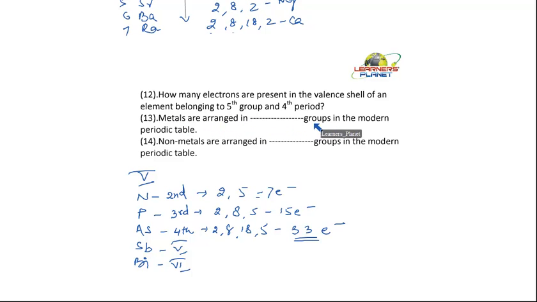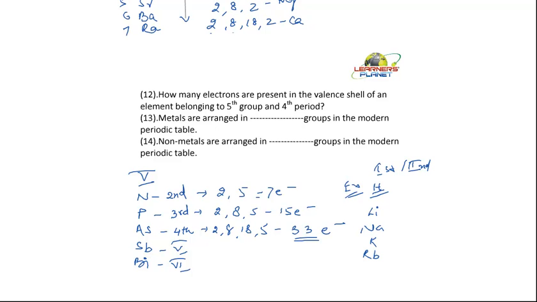Now here our next question is, metals are arranged in dash groups in the modern periodic table. Where are the metals arranged? They are arranged in the first and the second groups. So what are the elements here? In the first group, hydrogen is a non-metal, which is an exception. Remember, this is an exception.